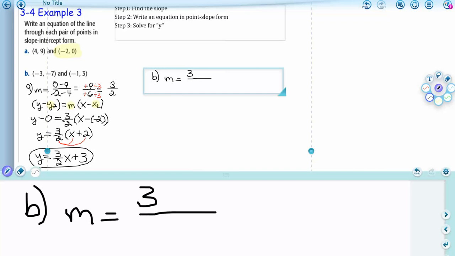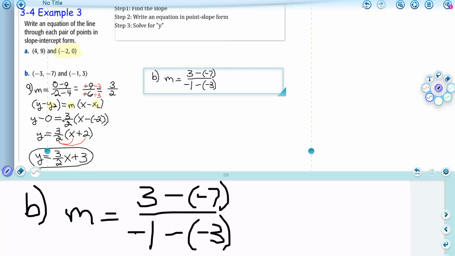Remember, this is always minus -7 on the top, and then in the denominator, -1, and again, always minus -3. Lots of negatives here.